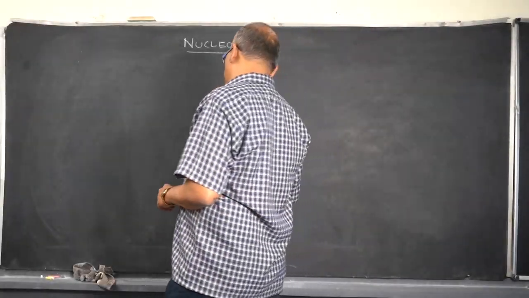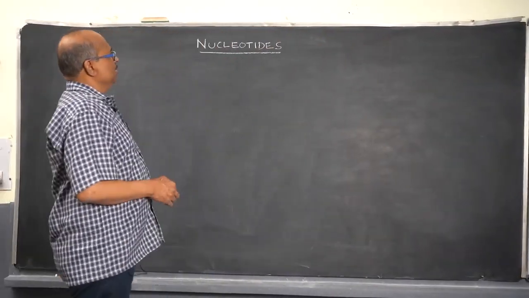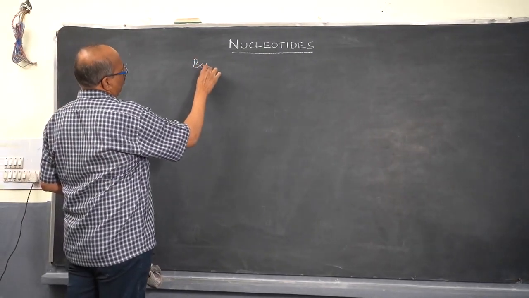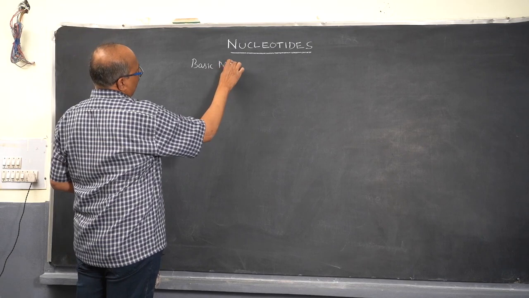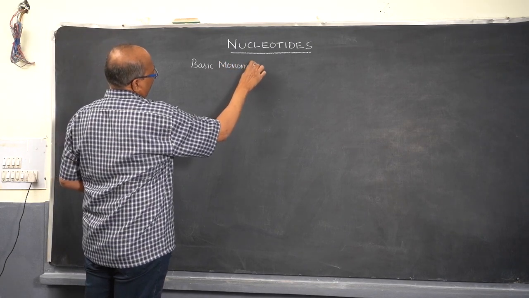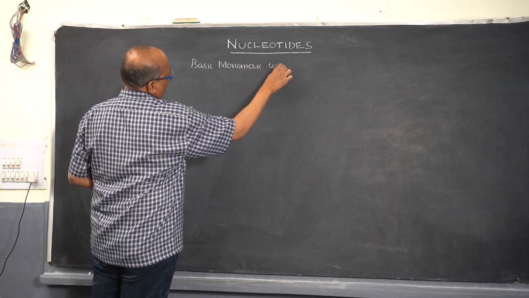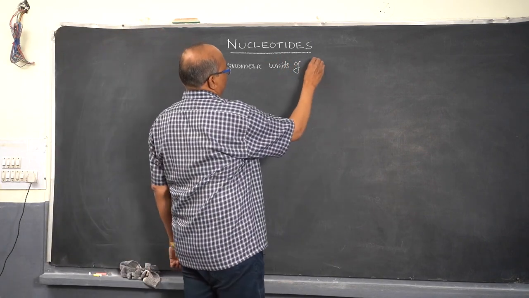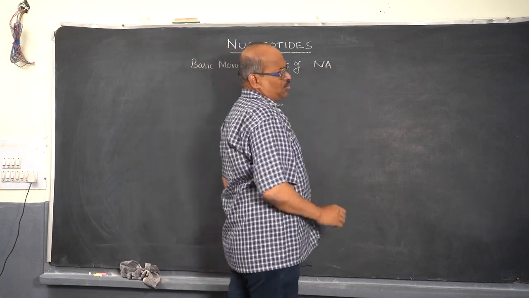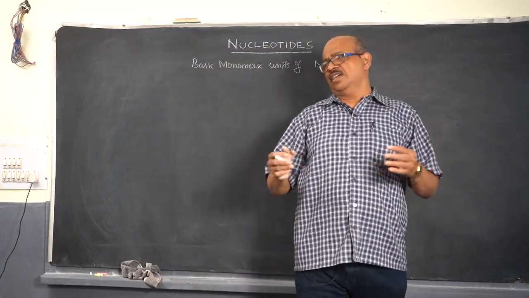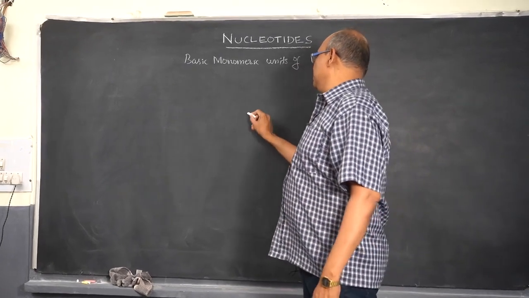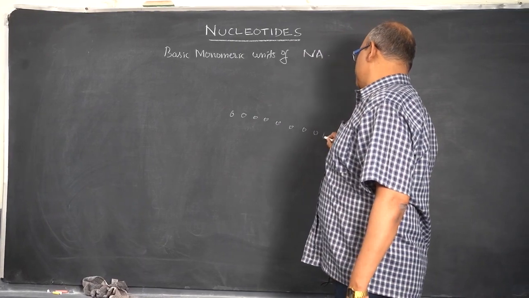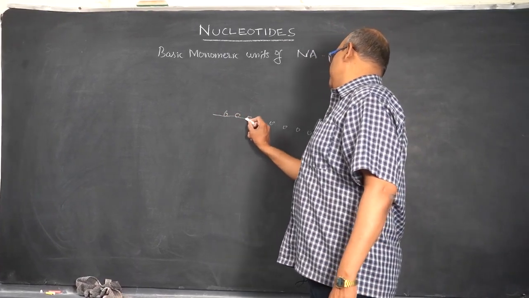The next molecules that we'll be looking at are the nucleotides, which are basic monomeric units of nucleic acids. So you can consider a nucleic acid as a stretch of beads joined by a thread.